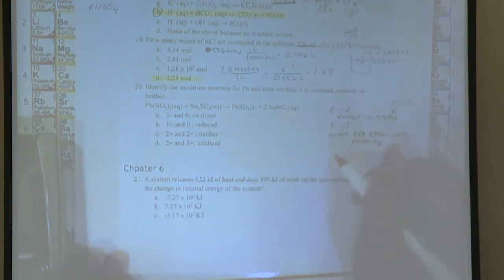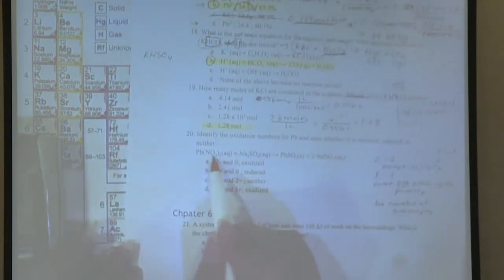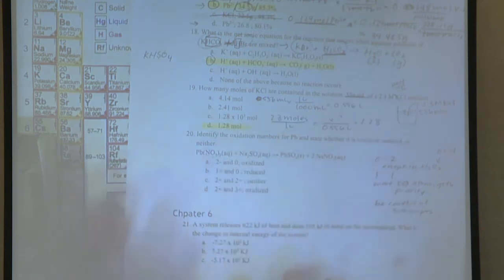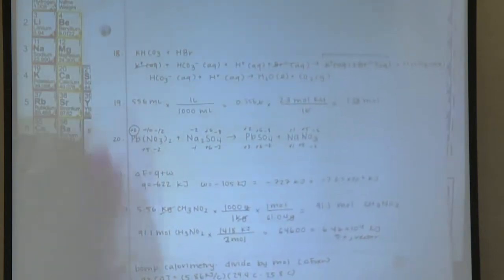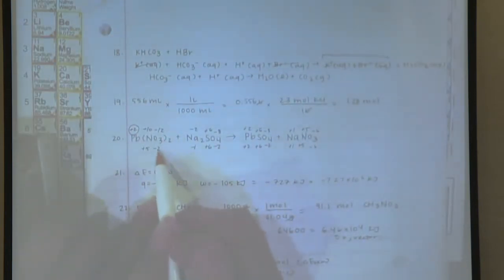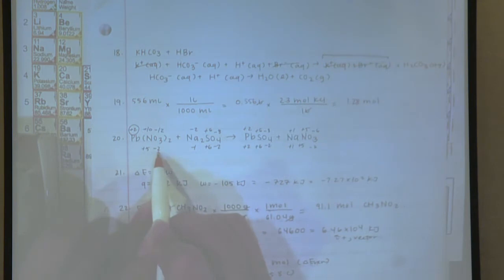And just a tip, be careful of subscripts. So when we look at this guy, oxygen here is going to have a -2. Actually, this is really cramped. I'm just going to show you guys my notes here. So if you look at number 20, oxygen is going to have an oxidation number of -2, right?